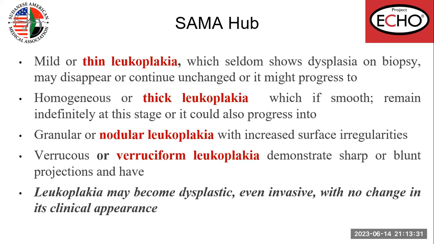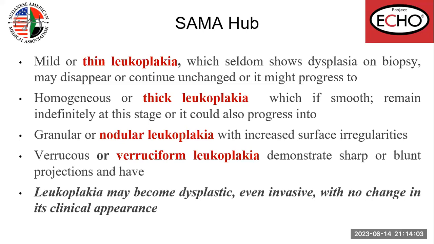And finally, the most advanced type of leukoplakia is the verrucous or verruciform leukoplakia, which demonstrates sharp or blunt projections, and it has a finger-like appearance. However, leukoplakia may become dysplastic, even invasive sometimes, even with no change in its clinical appearance.